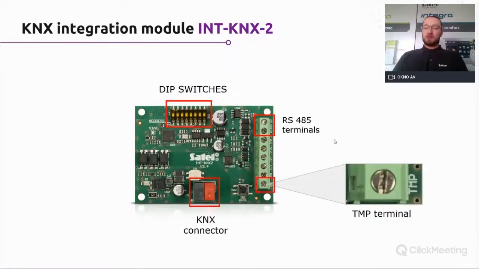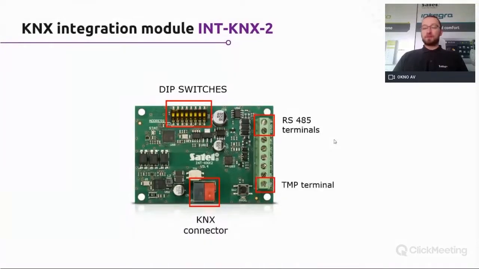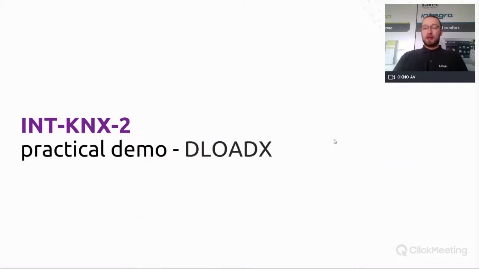Of course, this module is one of the parts of the security system, so it has a TMP terminal for sabotage information. So if you want to connect this to the panel or use this information as the sabotage of the INT-KNX-2 device, you can use it. If not, you need to short it to COM. And this is the whole device.